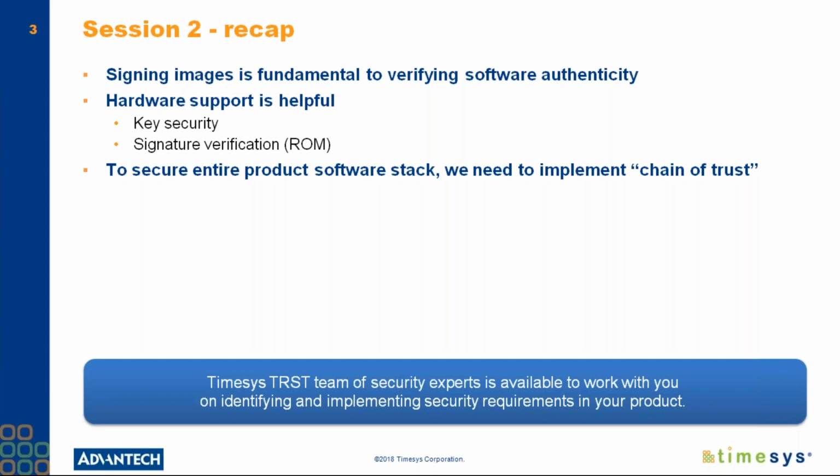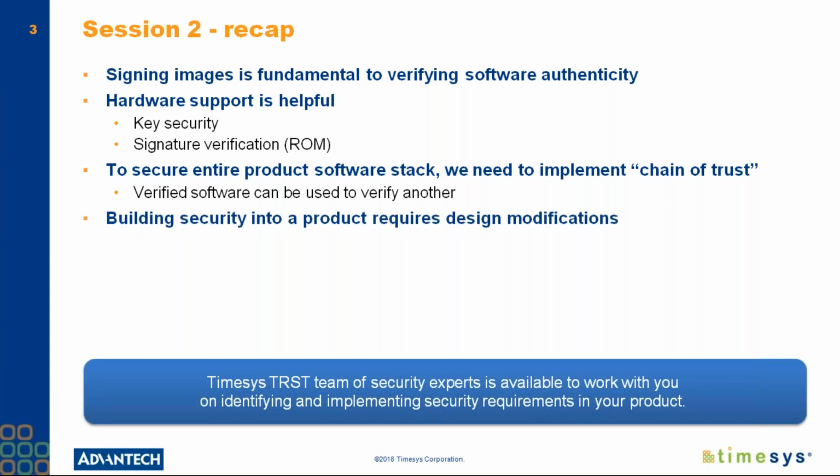We also talked about the chain of trust, because building a secure device means that I not only have to authenticate the first level software, but I have to extend this authentication of signatures to higher software layers. We also talked about the fact that when you think about building a device that requires security, it's always best to identify those requirements early on in a project, because in many cases, implementing security means design modifications, design changes.